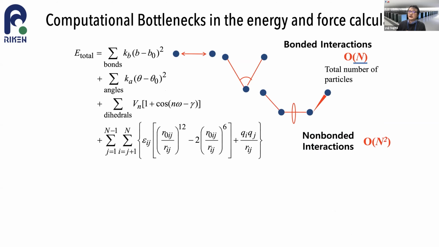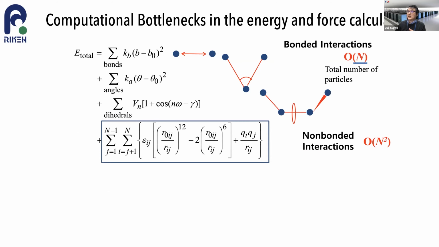Before starting our development, I'd like to explain the computational bottleneck in the energy and force calculation of MD simulation. This is the same equation, with bonded terms and non-bonded terms, used in molecular dynamics simulation.